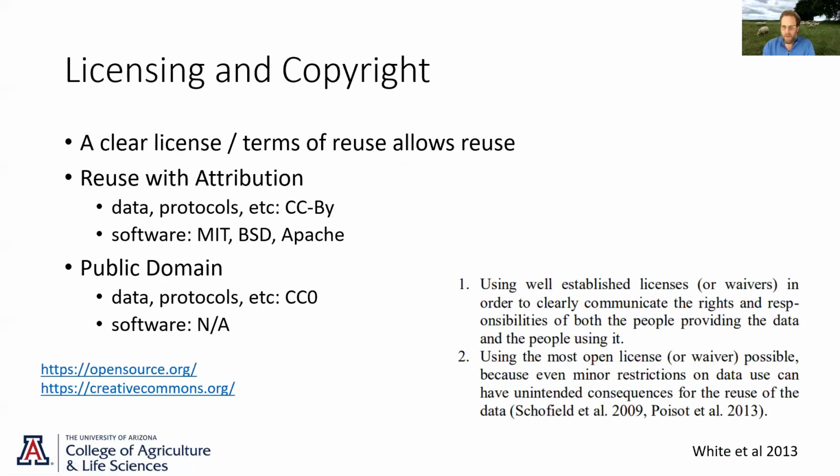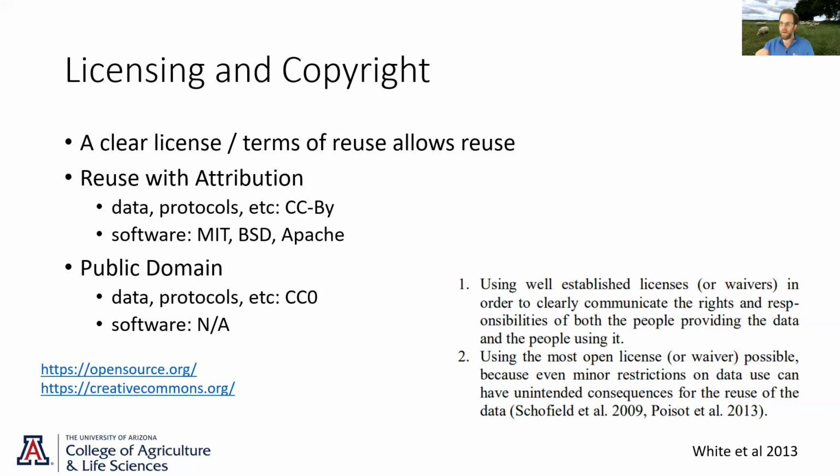Also wanted to have a few minutes to talk about licensing and copyright. As I mentioned earlier, having a license or terms of reuse or copyright in your README is important, because if you don't have it, then people won't assume that they can reuse it.